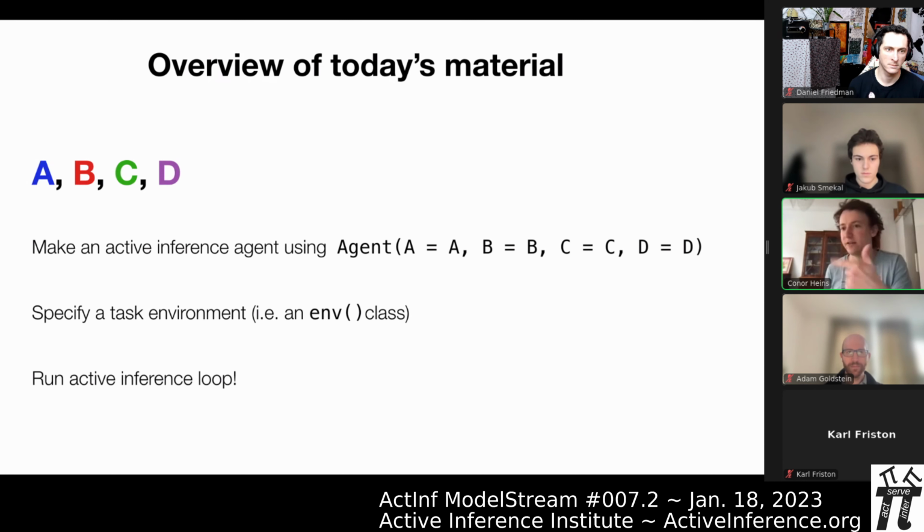And then you just kind of string the two together in an action perception loop, and you get a simulation of behavior under active inference. And this is a standard thing you'll see in OpenAI Gym or other reinforcement learning packages. You'll usually have an environment class and an agent class, and they exchange actions and observations in a loop. So we designed the API of pymdp very much inspired by that.